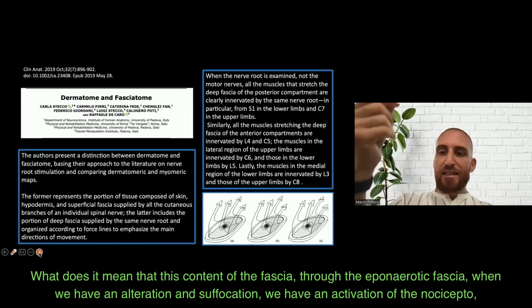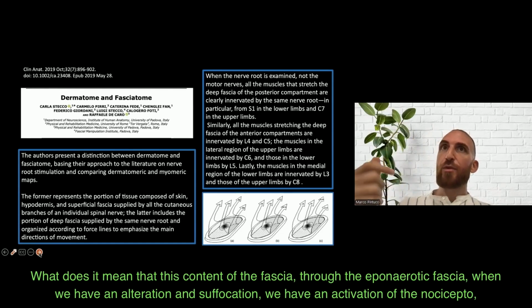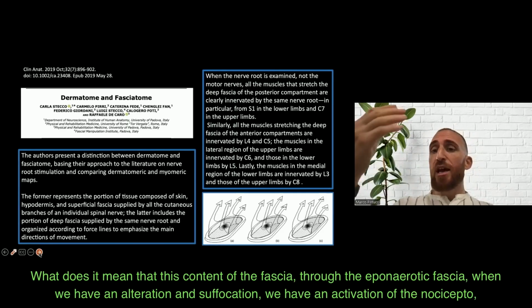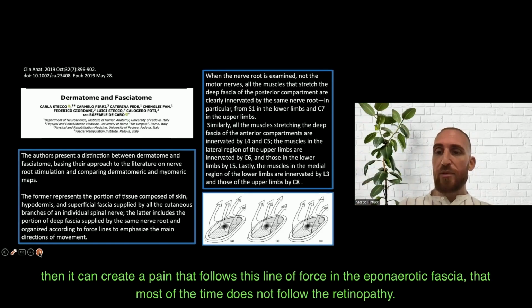What does it mean? That through the continuity of the aponeurotic fascia, when we have an alteration, a densification, we have an activation of the nociceptors that can create a pain that follows this line of force in the deep fascia, which most of the time does not follow the dermatome.